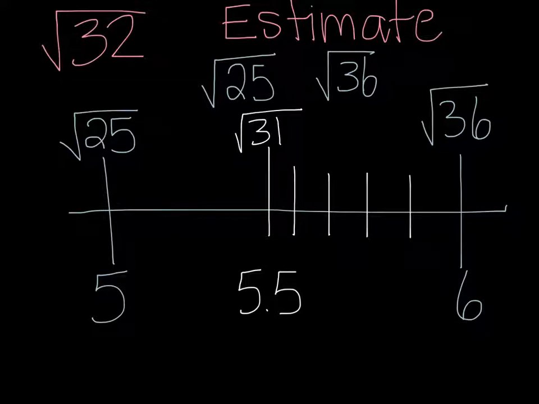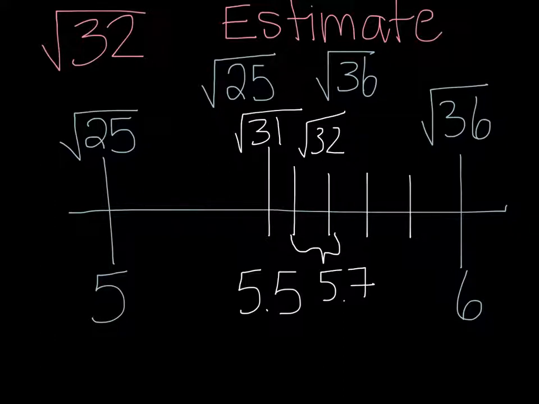The square root of 32 will be the next number on our number line. So I'm going to say it's about 5.7. This is an estimate. I know it's greater than 5.5 and less than 6, but I also know that it is closer to 5.5 than it is to 6. So an estimate for this one would be about 5.7.